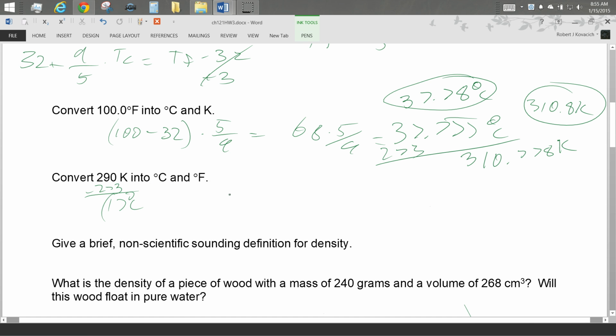So we'll say it's times 9/5 plus 32. So 17 times 9 divided by 5 equals, and then plus 32. That's better. So I got an answer of 62.6 degrees Fahrenheit. So I'm going to report that as 63 degrees Fahrenheit, so I have 2 significant figures.